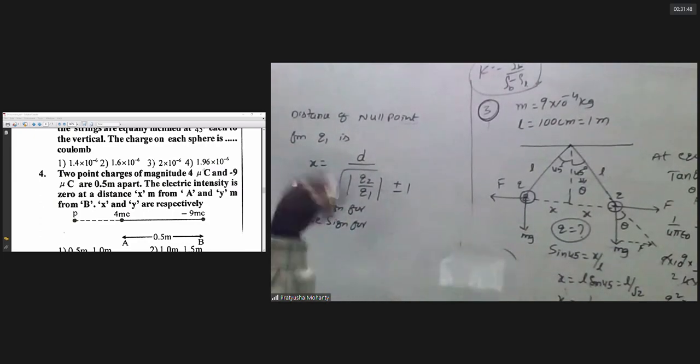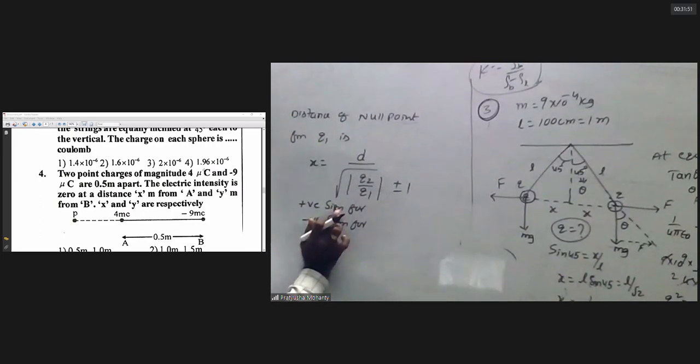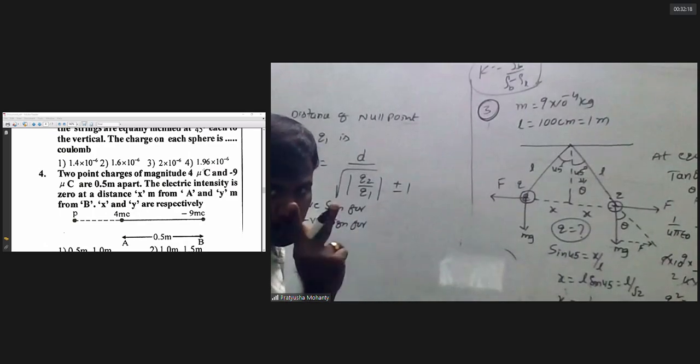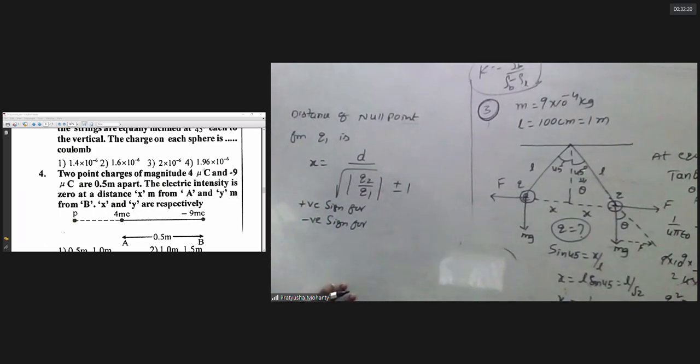The positive sign is for, try to memorize, like charges or unlike charges. Positive sign means the null point exists between the two charges. So between the two charges there should be like charges. The negative sign applies for unlike charges.